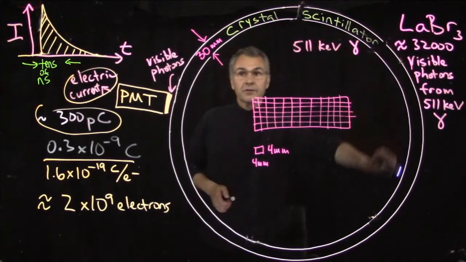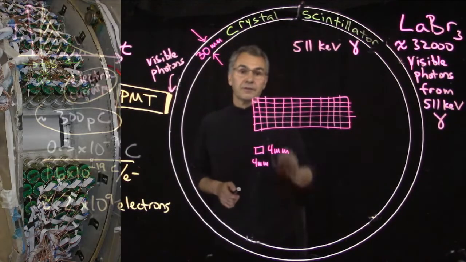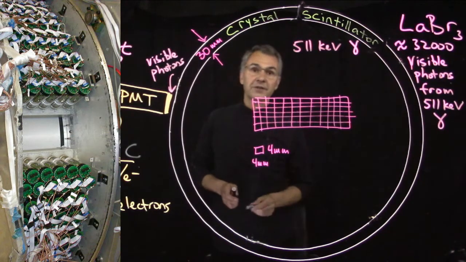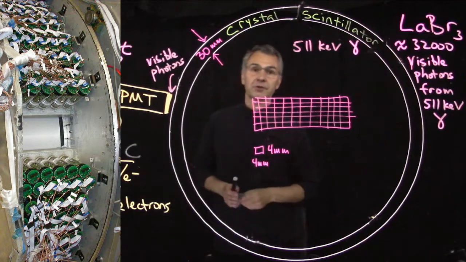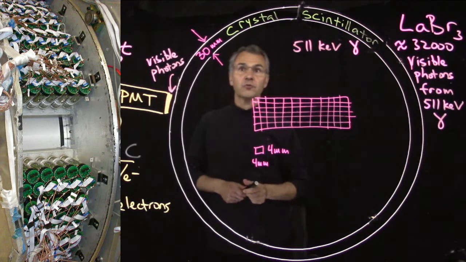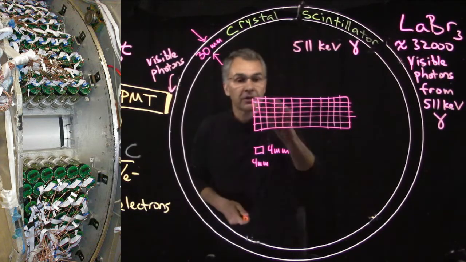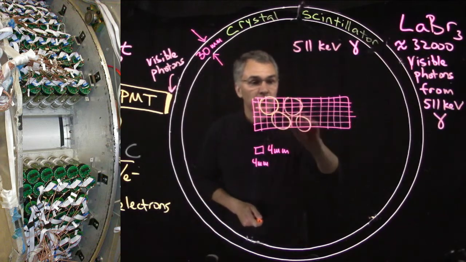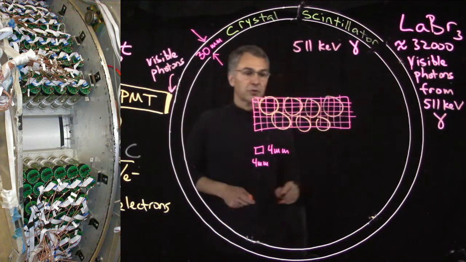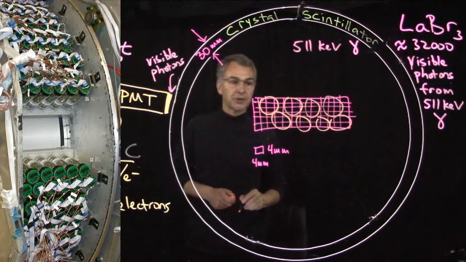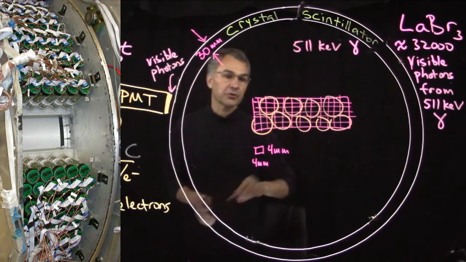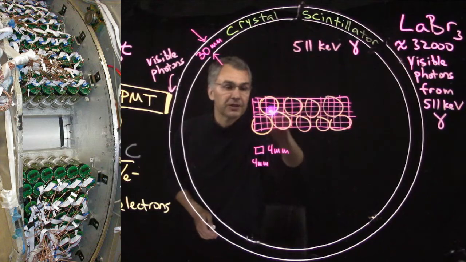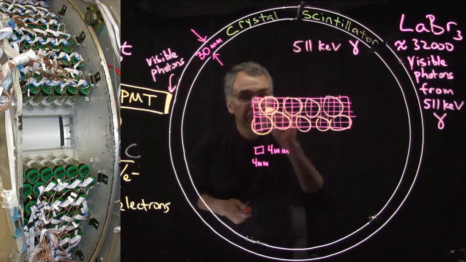So around the circumference of this scanner, there are about 40,000 of these 4 millimeter by 4 millimeter by 30 millimeter crystals. And those 40,000 crystals are imaged by, in fact, only about 400 photomultiplier tubes. And the photomultiplier tubes are arranged in a pattern like this, so that by the pattern of light sharing, you can figure out which crystal was hit.